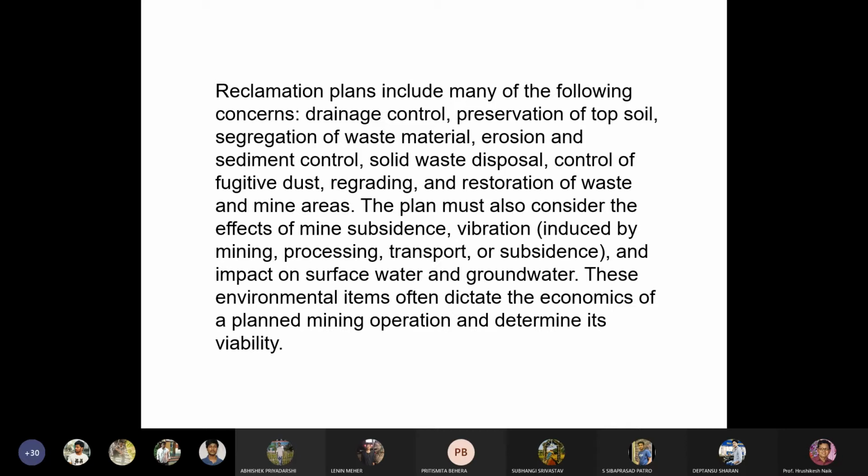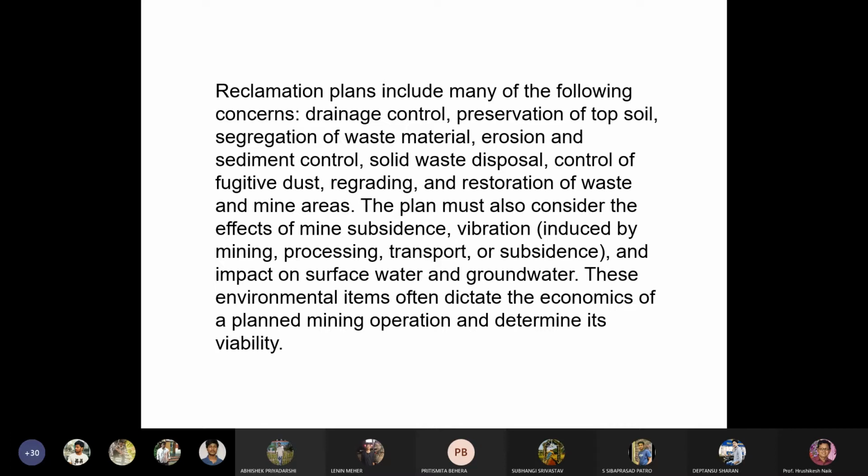So the reclamation plan must also consider the effects of mine subsidence, if any, ground vibration induced by mining, processing, transport, or subsidence, and impact on the surface water and groundwater. So these are the environmental concerns you have to take into account while doing surface mining.